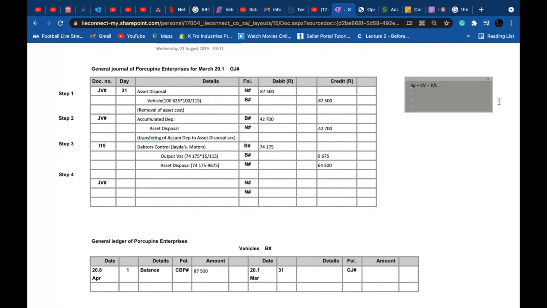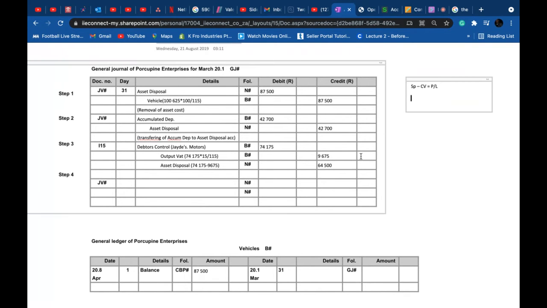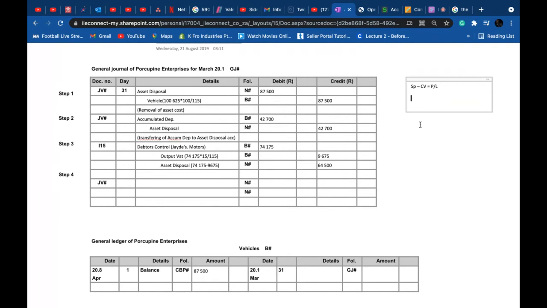Okay, right? But before we can actually calculate this, we know that the selling price that we sold this asset for was 64,500, because remember, we're concerned with the amount exclusive of VAT. We know that that portion belongs to SARS, it's not ours. But now to calculate the carrying value, we need to remember the formula.